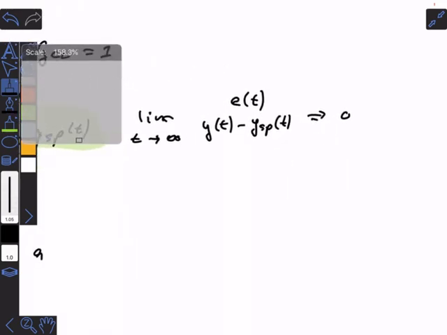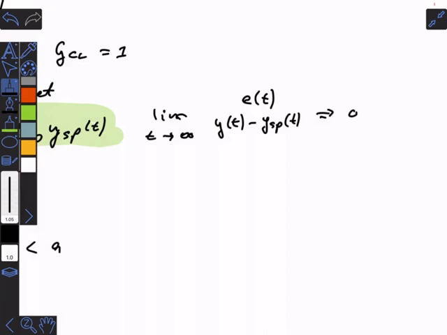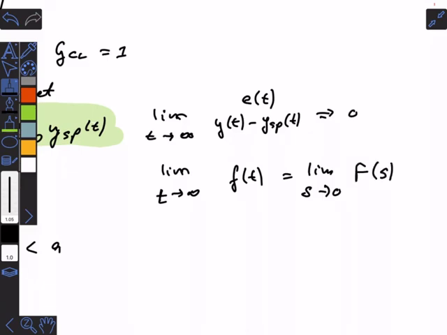And we applied this limit, right? The final value theorem, the link here that I'm going through, says that the limit as t goes to infinity of some function of time is equal to the limit as s goes to 0 of that function's Laplace transform.